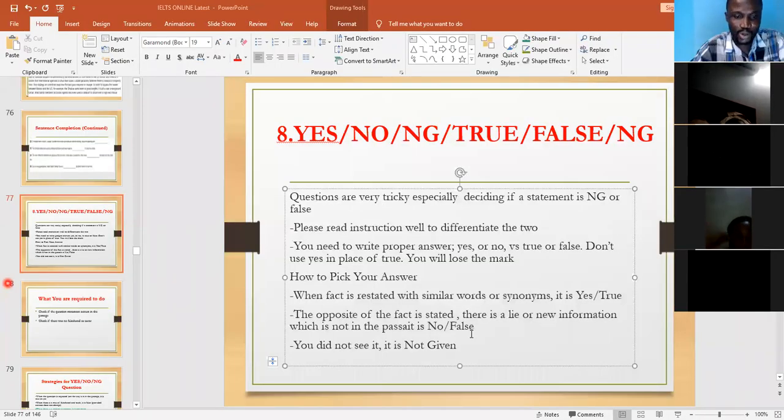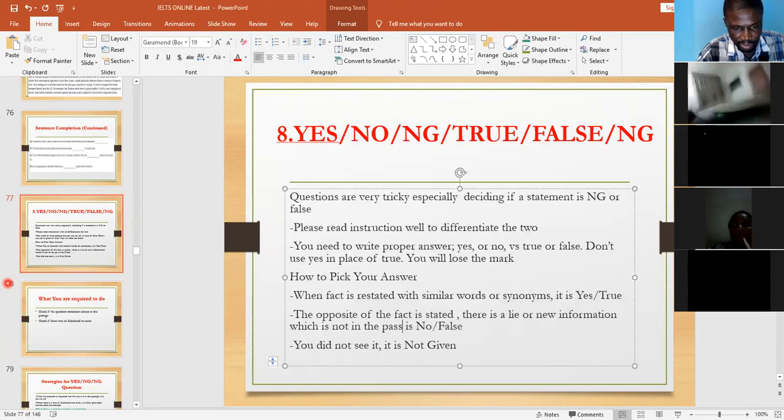So as I was saying, when the fact is restated with similar words or synonyms, because some words can be replaced with a similar word or synonyms, it is still true. When the opposite of the fact is stated, or there is a lie or a new information which is not in the passage, it is no or false.